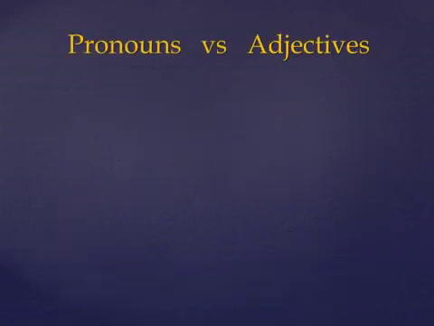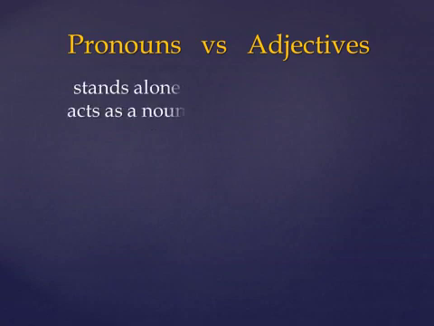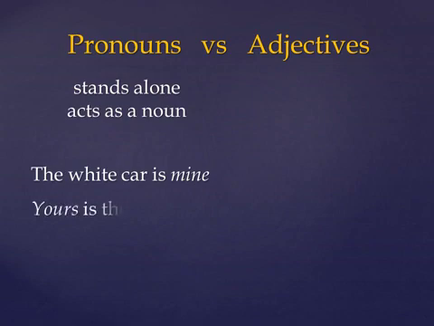So if we look at the difference between possessive pronouns and adjectives, we can see that when used as a pronoun, they stand alone and act as a noun, that is, taking the place of the subject or object of the verb. So we can give examples like, the white car is mine, yours is the blue coat.